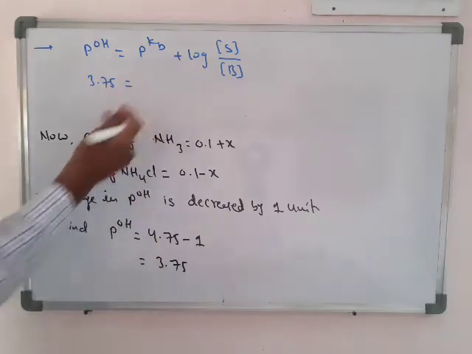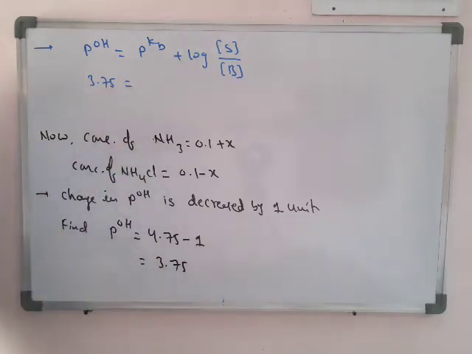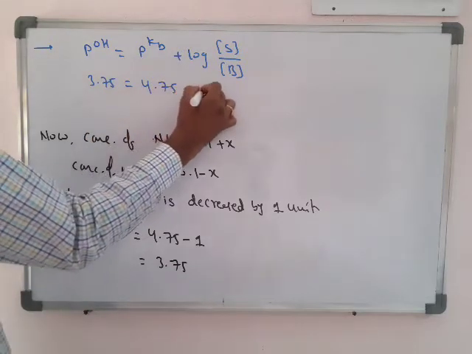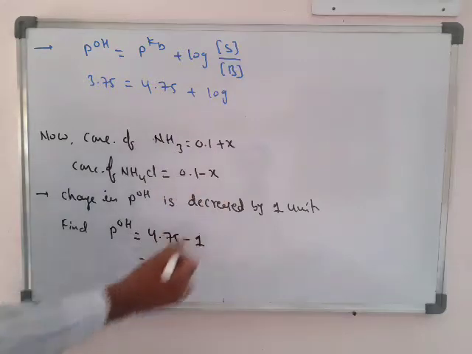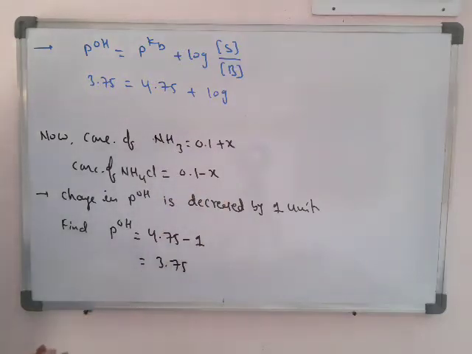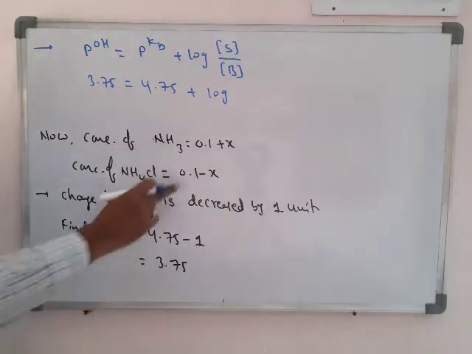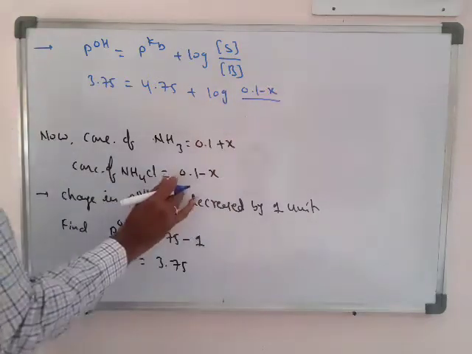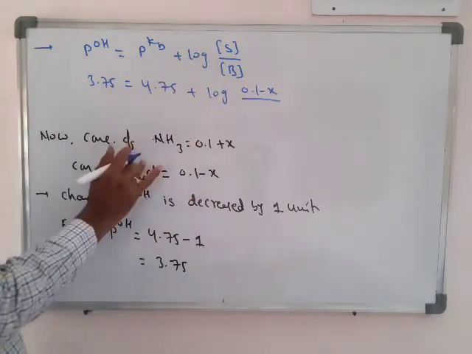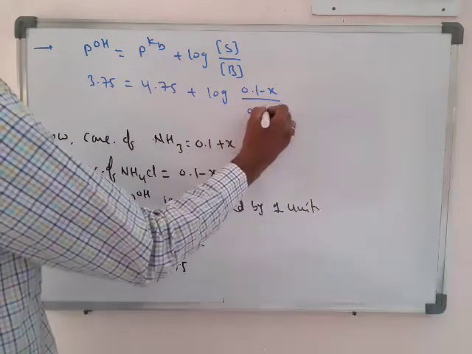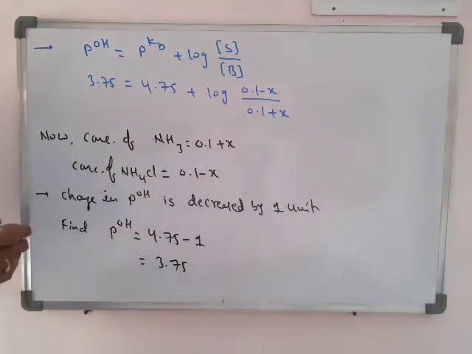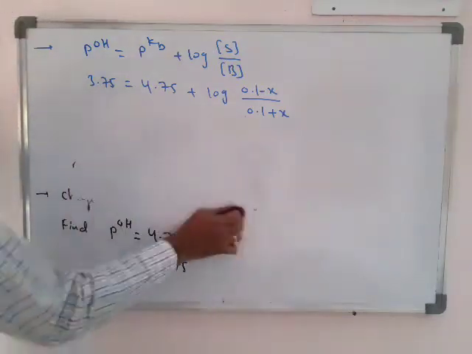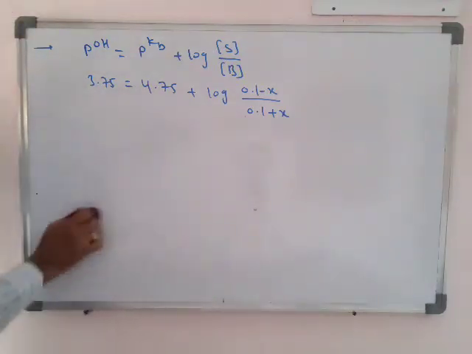So pKb no change. pKb is always constant. That is 4.75 plus log. What is the salt concentration? We know that salt concentration decreases. That is 0.1 minus x. Here, what is the salt by base? Base concentration ammonia increases. 0.1 plus x. Now on the simplification we will get the x. That will be the answer.